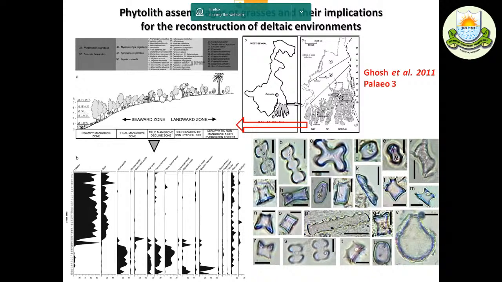As you see here, this type of tower shaped morphotype is produced in high percentages in the grasses collected from the true mangrove environment. But the grasses collected from the landward direction, that means low salinity or freshwater condition, produce high percentages of bilobates and processes. So on the basis of this, we can discriminate the different sub-environments of the mangroves also.